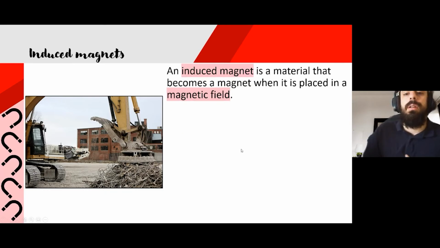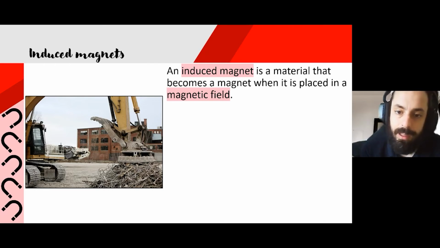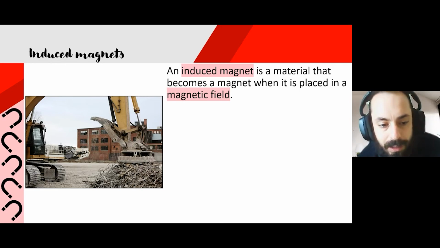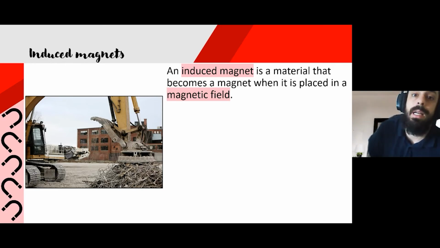Okay, so an induced magnet is a material that becomes a magnet when it is placed in a magnetic field. This one in the picture is not exactly an induced magnet. Okay, this one is an electromagnet because it can be turned on and off by using electricity.